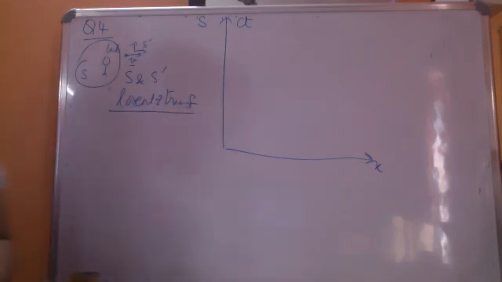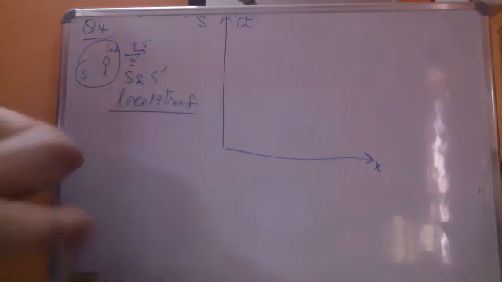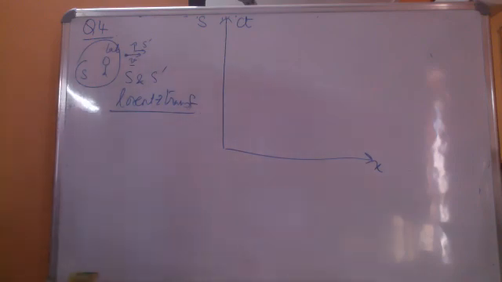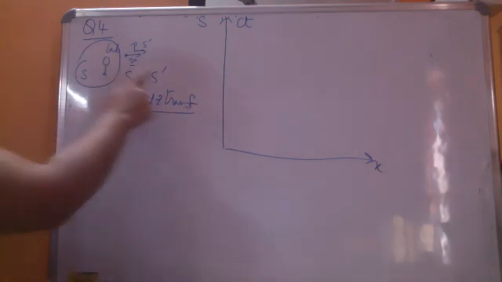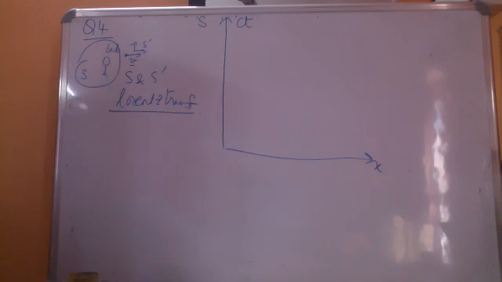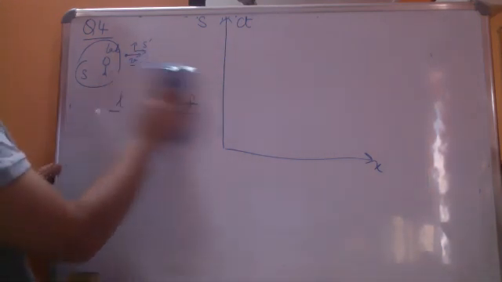Just like you have been doing all throughout your 3 years, trying to draw on a Cartesian coordinate system how a spherical polar coordinate system would look, or how a cylindrical coordinate system would look. So now on the frame of reference S, I'm trying to draw how S prime would look, where S and S prime are related by Lorentz transformation. That's exactly the way to understand the problem.